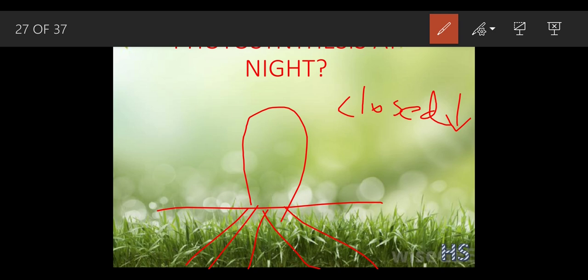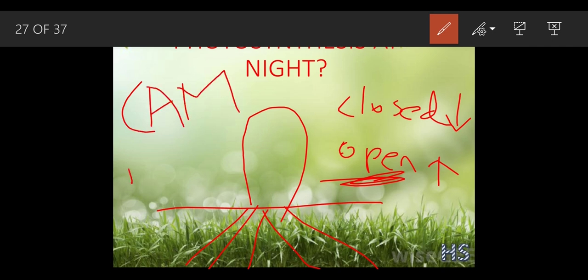Stomata is closed, so there won't be any diffusion of gases during the daytime. And during night time, when the temperature falls, the stomata open. So they are able to release oxygen during night time also, which helps these desert plants to make their food during night time, and this process is called the CAM pathway.